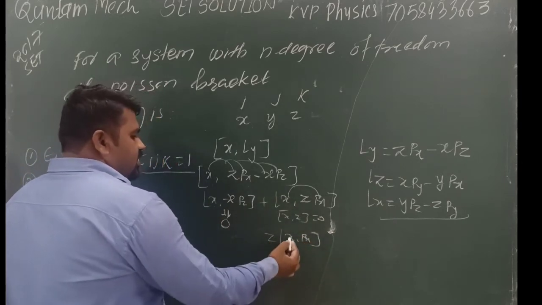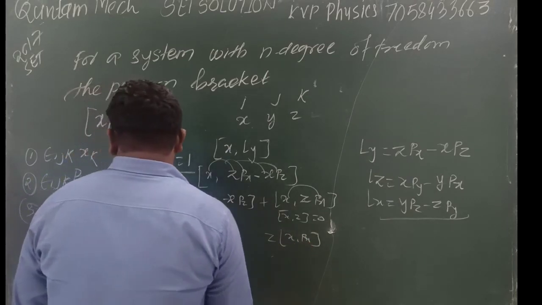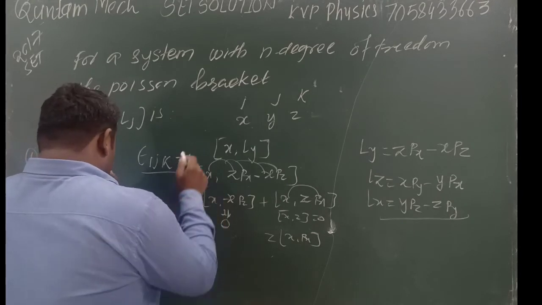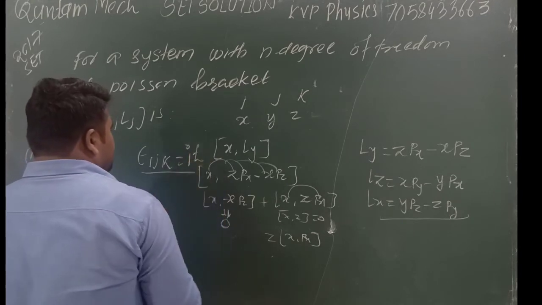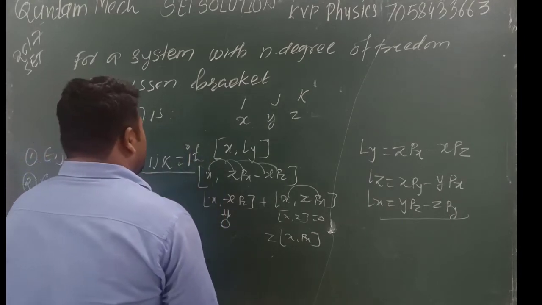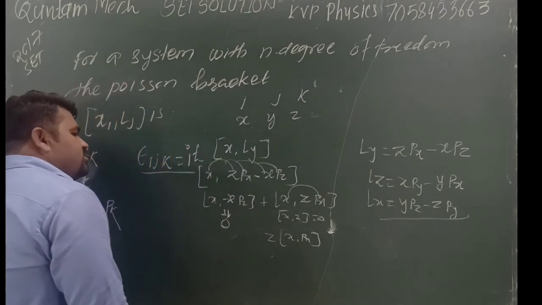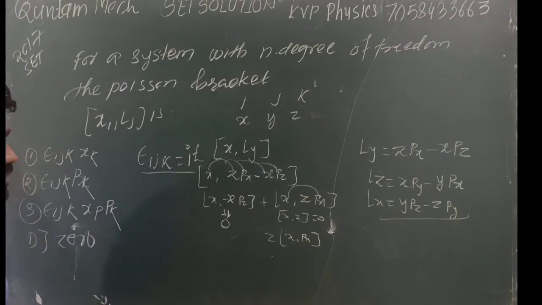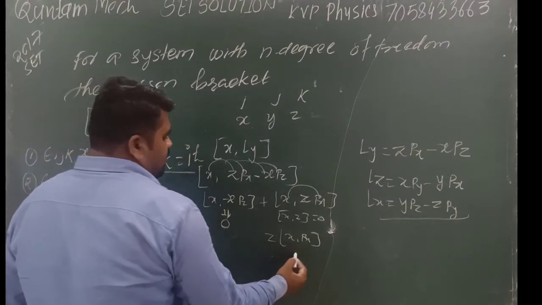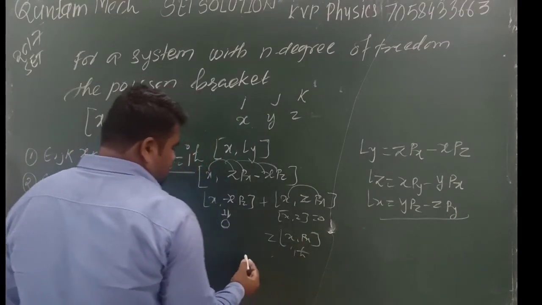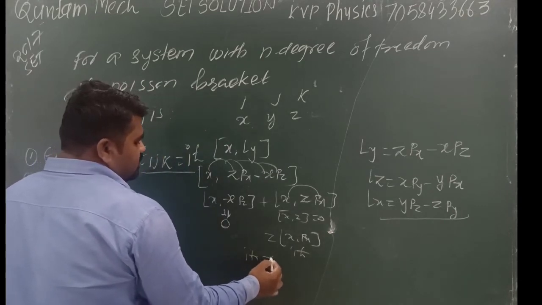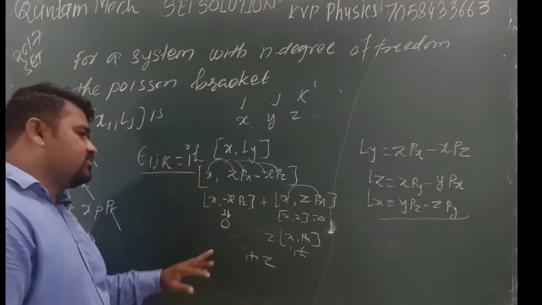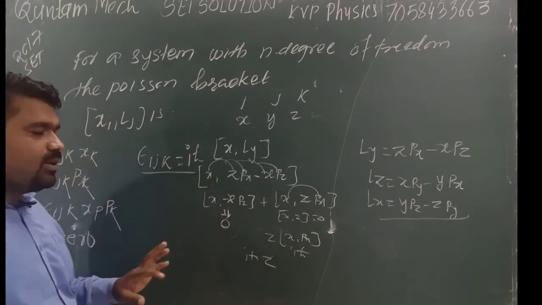Here x comma px is equal to plus i h cross for cyclic order, and minus i h cross when the order is changed. So x comma px is i h cross, which gives i h cross z. Cyclic gives plus i h cross, and a changed cycle gives minus i h cross.